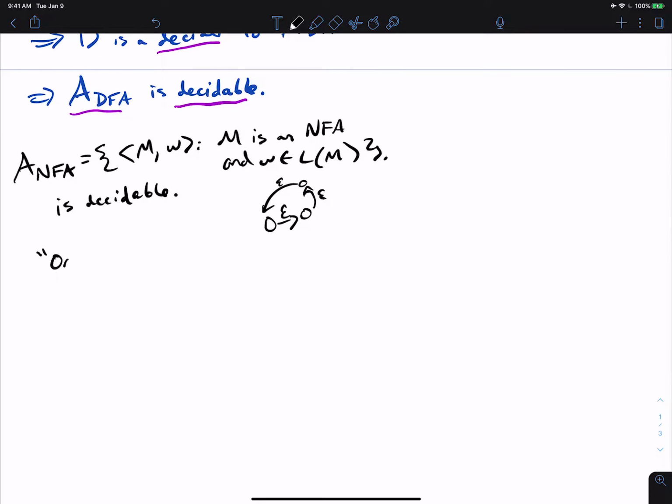So let's make a decider for A sub NFA. So on input ⟨M, w⟩, where M is an NFA and w a string.